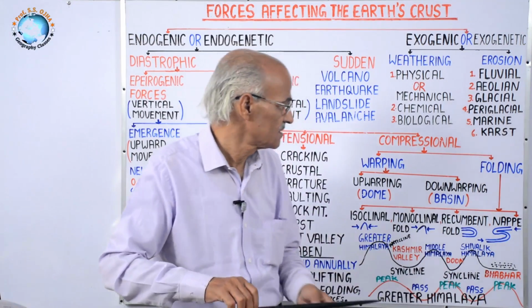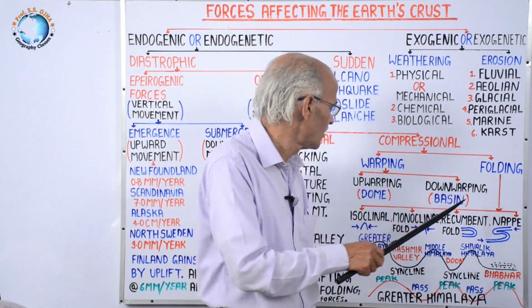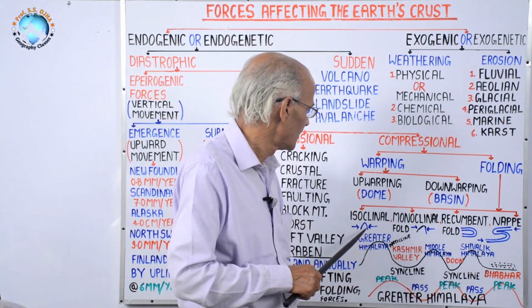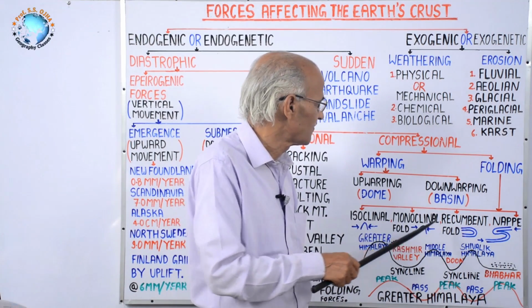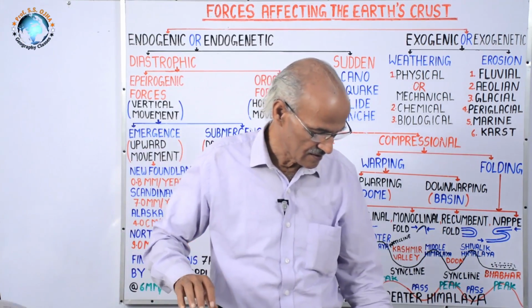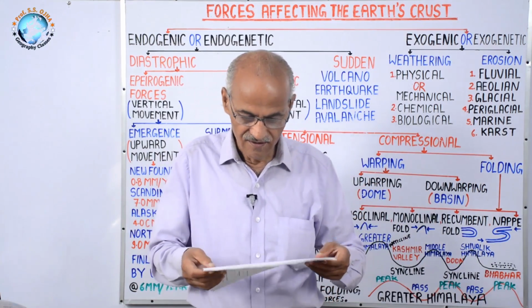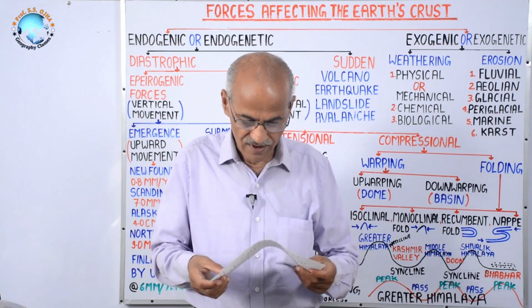Now let us understand in compressional force how folding takes place. In folding, there are different types of folds on the basis of the mode of the pressure exerted by the two parts or two plates.